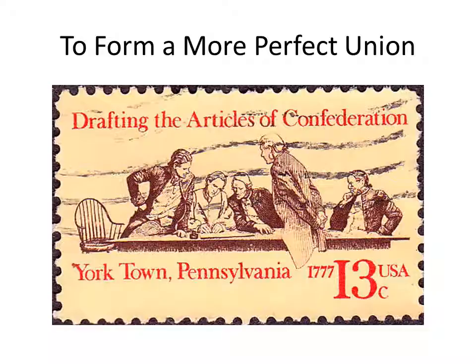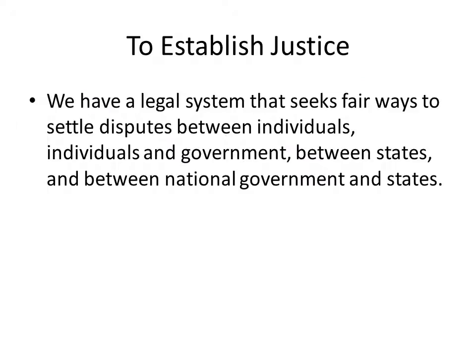To establish justice, these writers of the Constitution were putting this in the preamble to basically say we have a legal system now that seeks fair ways to settle disputes between individuals and governments, and between states and between the national government and states.